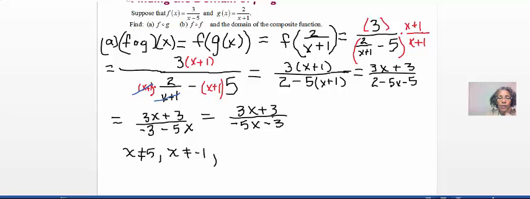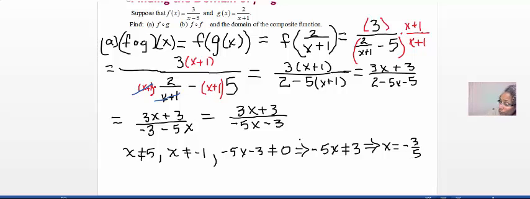In order for f of g of x to be defined, minus 5x minus 3 can't be 0. Which basically means negative 5x can't be 3. Which means x can't be negative 3/5. I'll divide both sides there by negative 5.